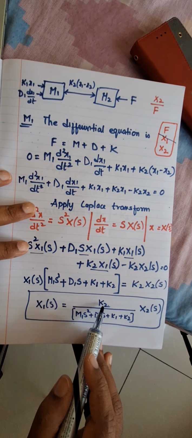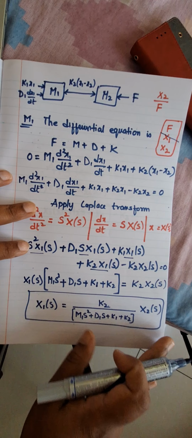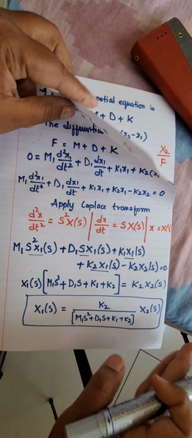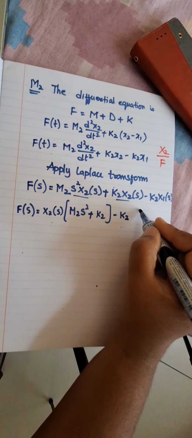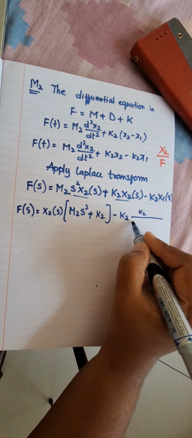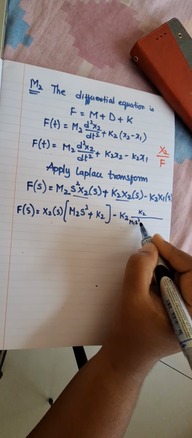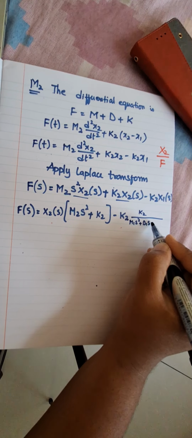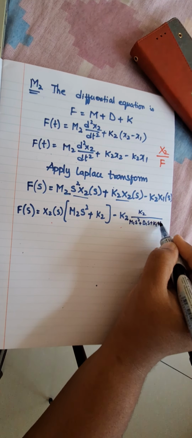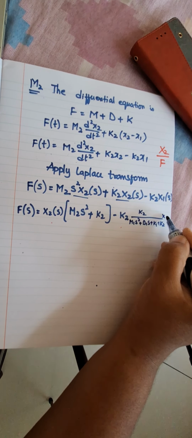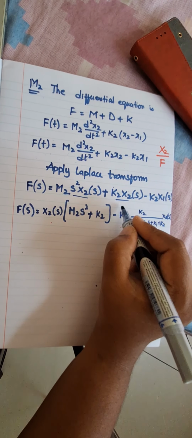So what is this equation? k2 by m1 s square plus d1s plus k1 plus k2 into X2 of s. So I'll write it as k2 by m1 s square plus d1s plus k1 plus k2 into X2 of s.